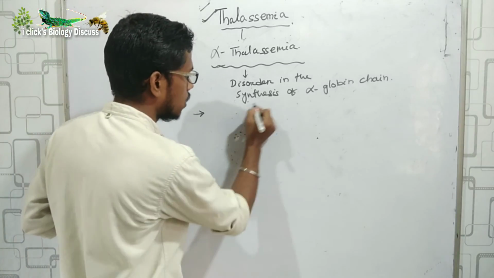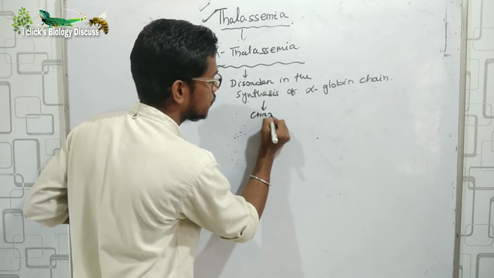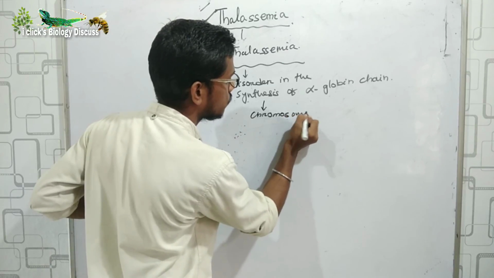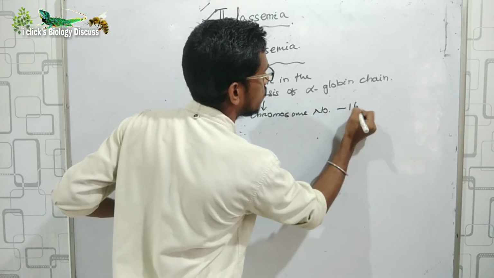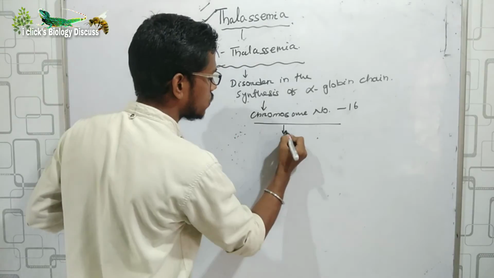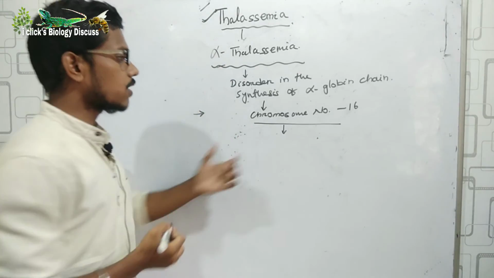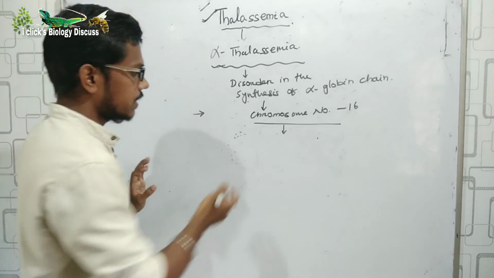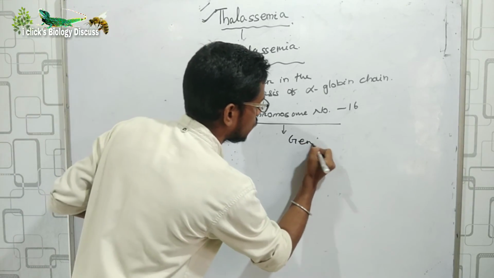Suppose this is chromosome number 16, and the gene which is responsible for the alpha globin chain synthesis is, suppose, this one.